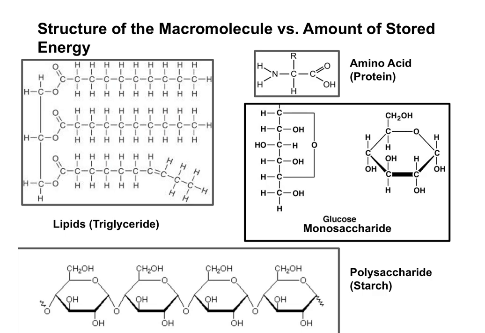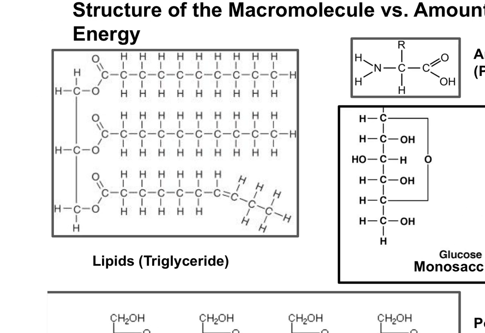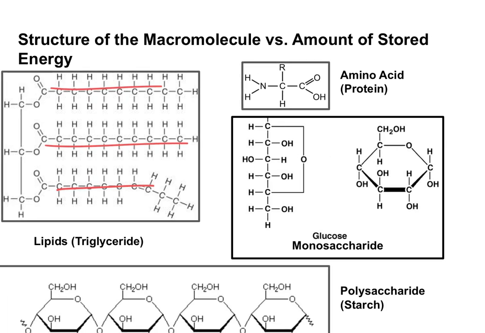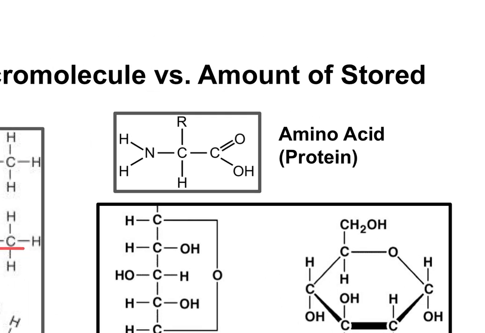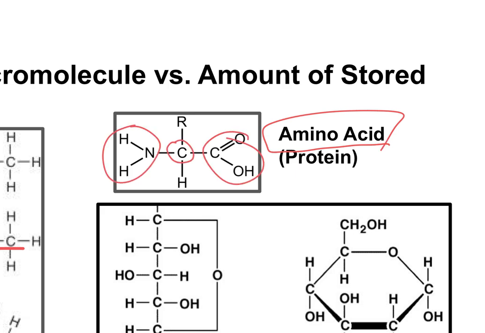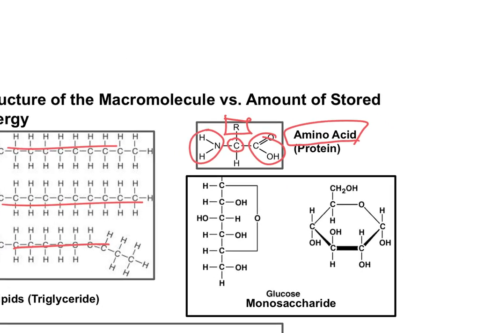All right, so let's go ahead and make sure we identify every single thing. Here, this is a triglyceride lipid because it has 1, 2, 3 of those fatty acid chains. Here, the building blocks for proteins are amino acids, and it has the amine group, central carbon, carboxyl group, and our variable group.